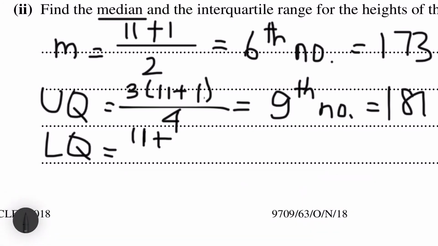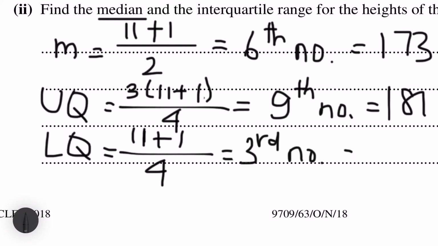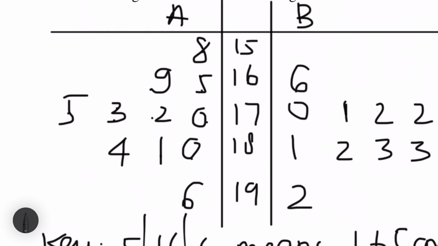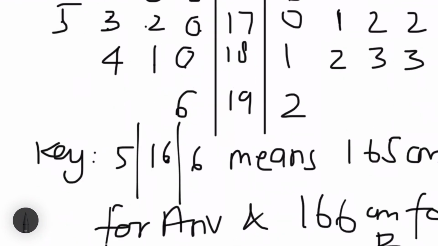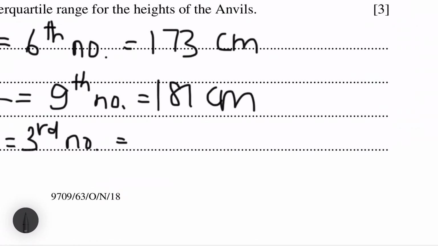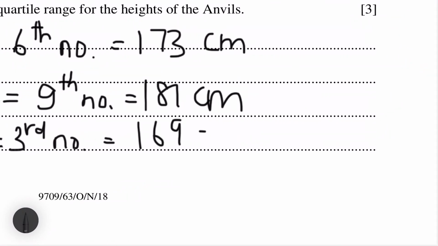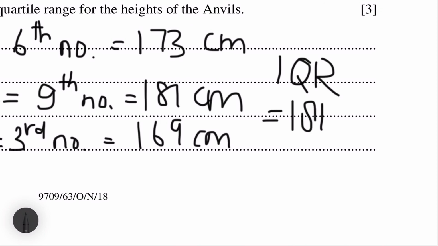So 11 plus 1 divided by 4. So you're looking for the 3rd number, which is 169. Therefore, your interquartile range is 181 minus 169, which gives you 12 centimeters.